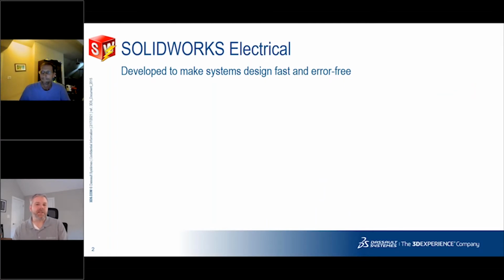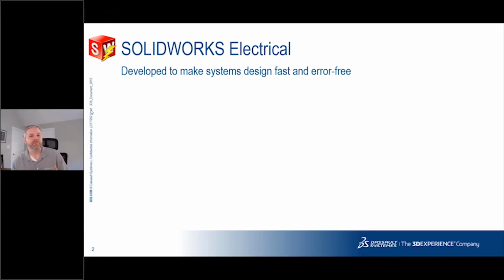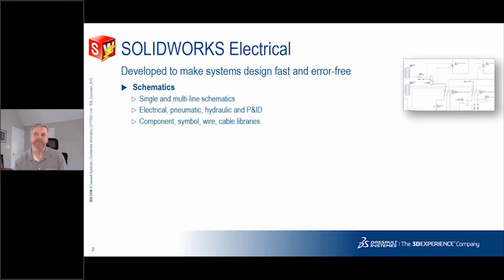So SolidWorks Electrical brings together the benefits of parametric design to the electrical engineer. It's built entirely for the purpose of creating schematics and supporting documentation, and it gives the team the tools they need to create virtually any type of schematic quickly and efficiently. It includes libraries for components, cables, wires, and symbols, and you can customize them to meet your own needs very easily.